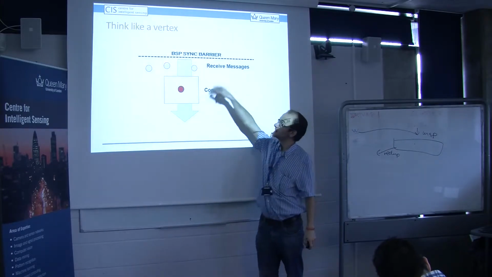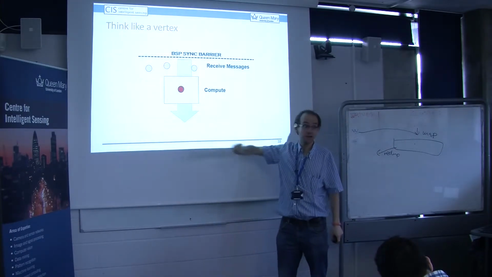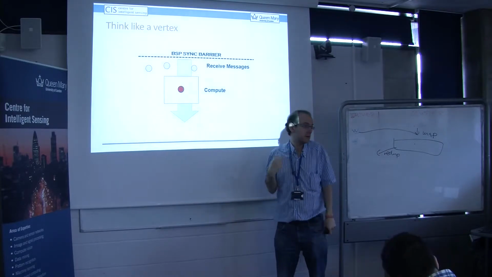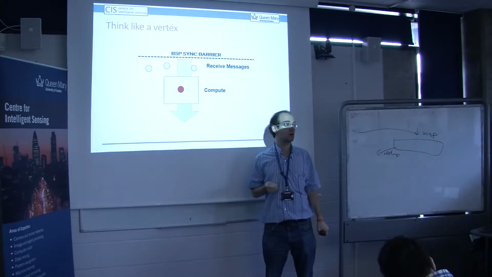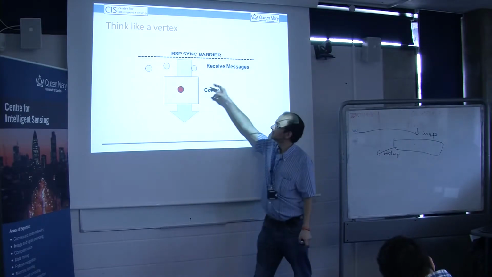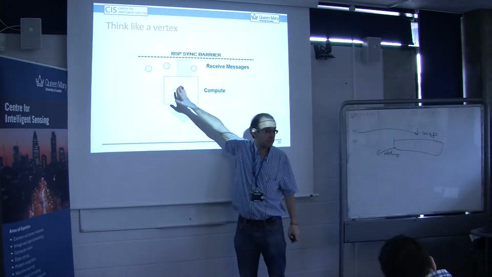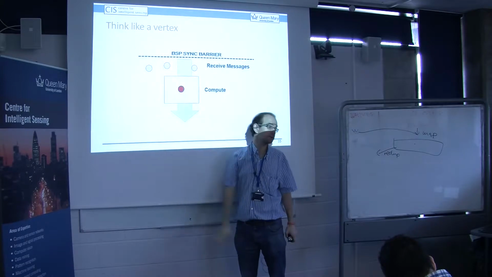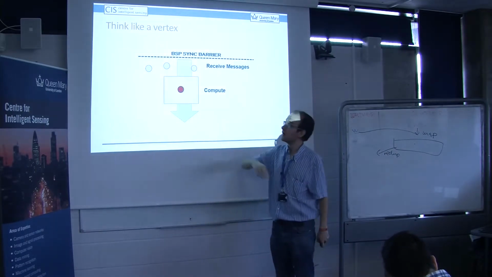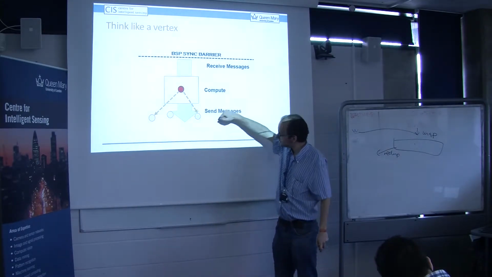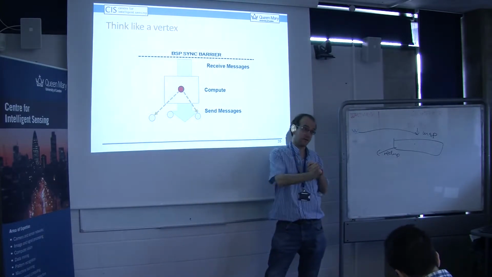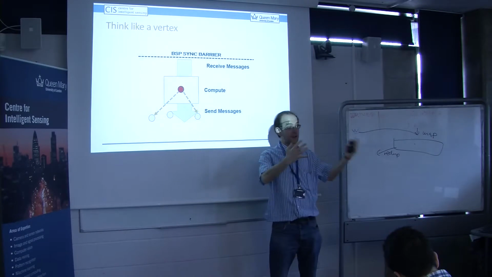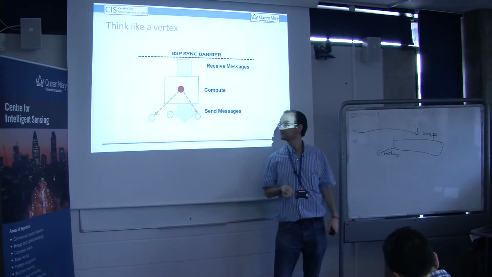Well, once I got all those messages, I can use them to recompute. In this case, I can use that to compute my new PageRank score, which is a function of my previous score plus the contributions from my neighbors. And once I have finished my computation, I will again share my score back to my neighbors.